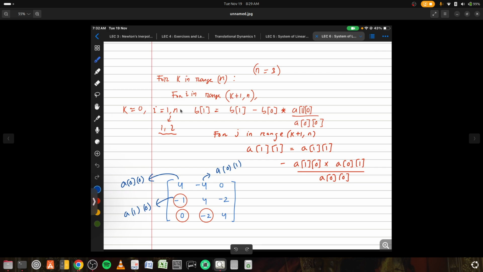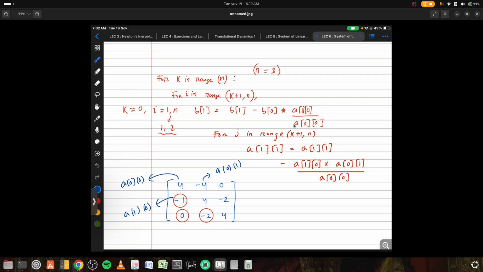So here you see that what was on the right hand side in equation number 14? It was 4, right? Then what did we do? First we divided it by a00, which is 4. What is a00? a00 is the coefficient of x1, that is 4.